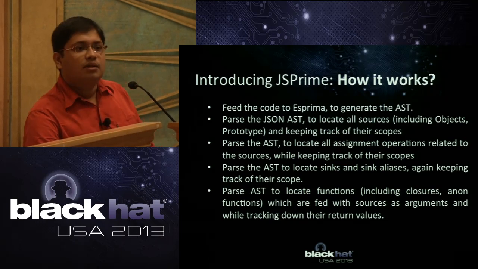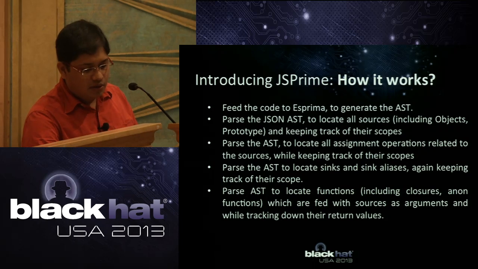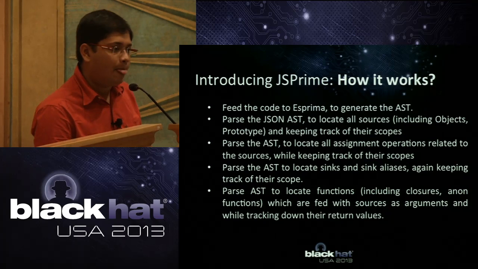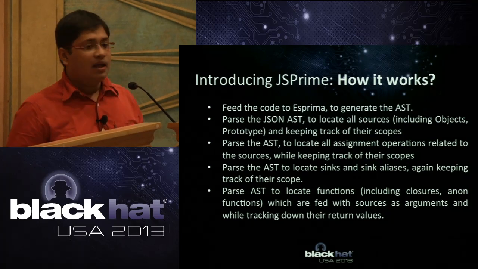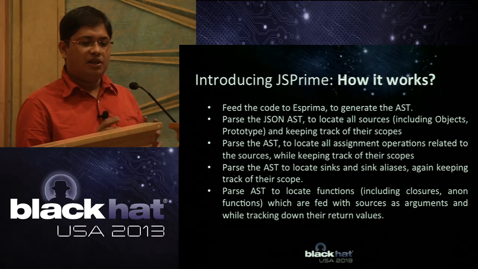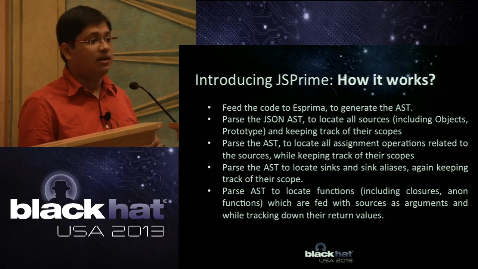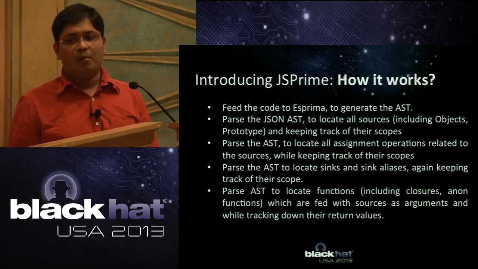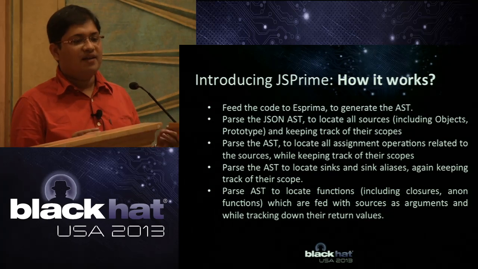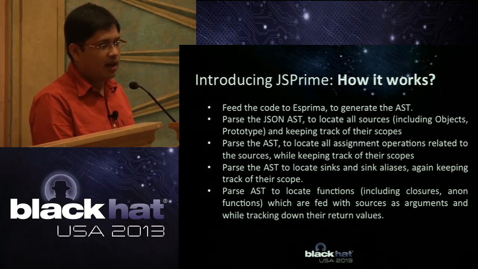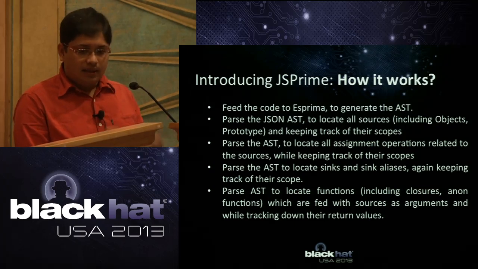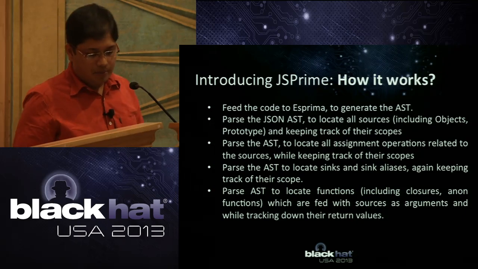We then parse the AST again to locate all sinks and sink aliases. When I say sink, sinks are those functions or assignments which make code execution possible. For example, one of the most common sinks is eval. If you pass anything to eval, and that is user controllable, that can cause code execution.